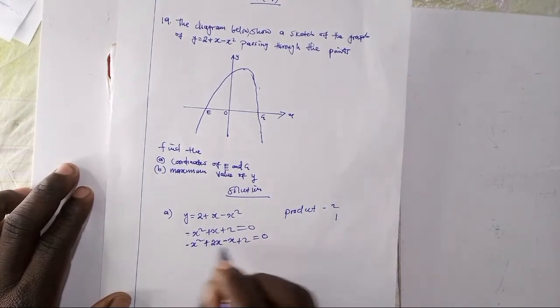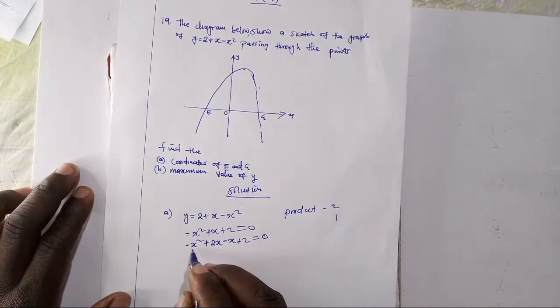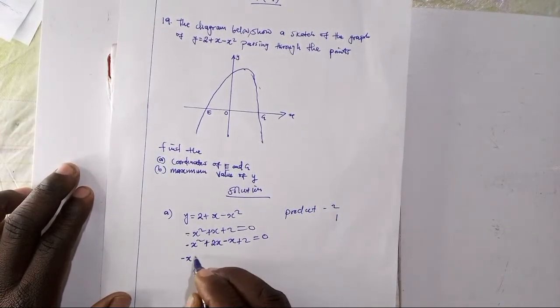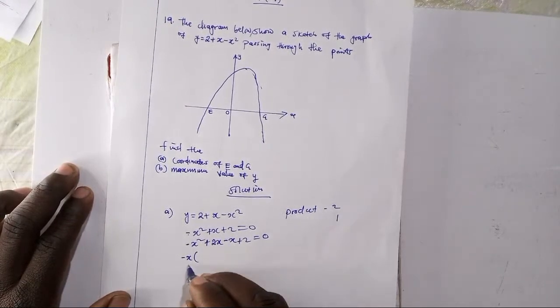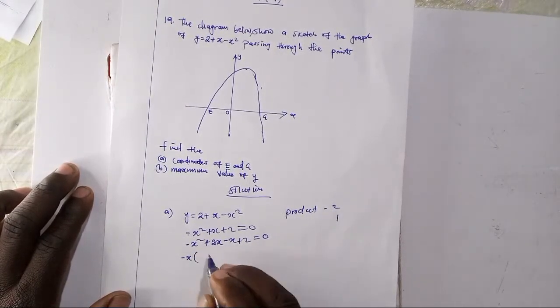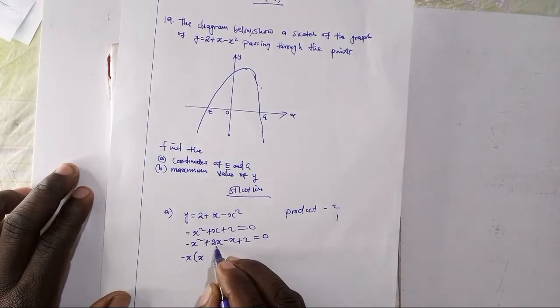Then let's get what is common. It is minus x. Opening minus x into minus x squared, we remain with x. Then minus x into positive 2x, we have minus 2.